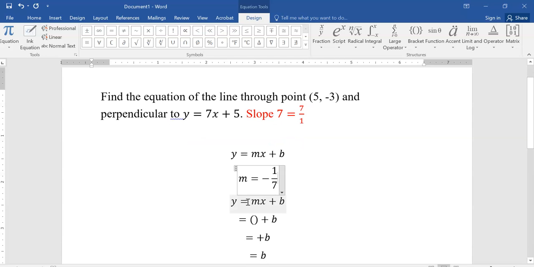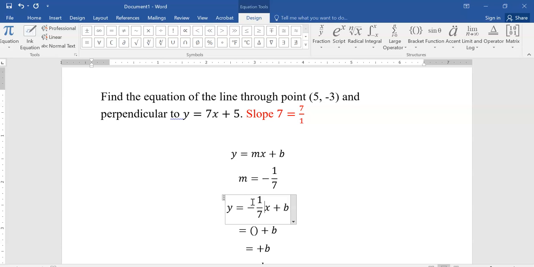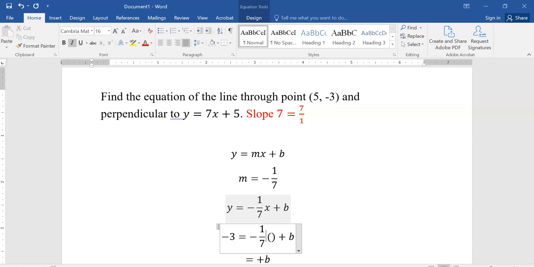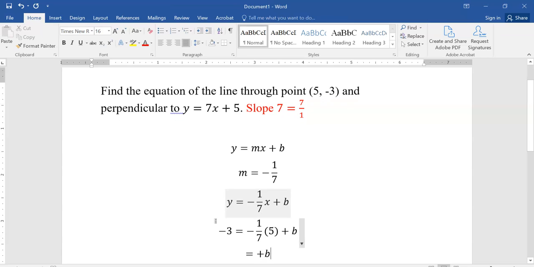So y equals -1/7 x plus b. Now I can plug in a point. The point that I'm given is 5, -3. So plug in -3 for the y value, and then plug in 5 for the x value.